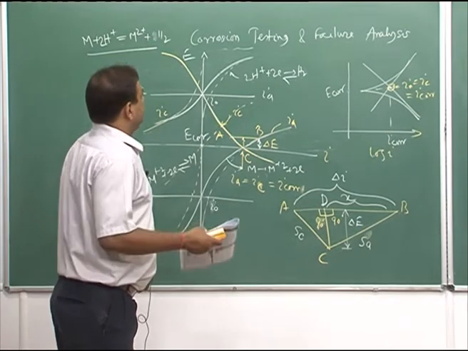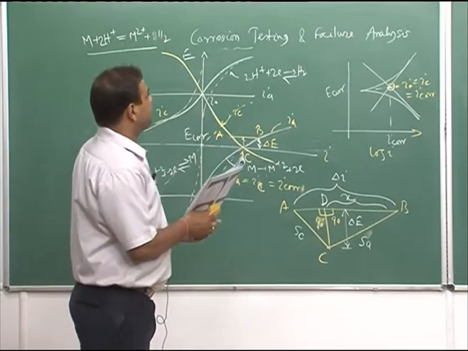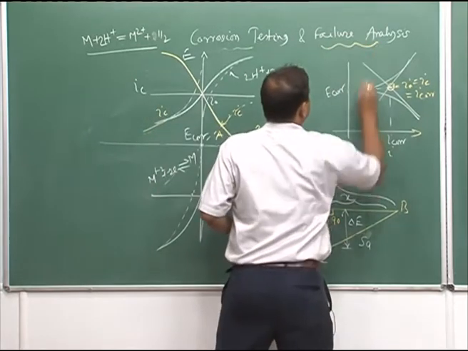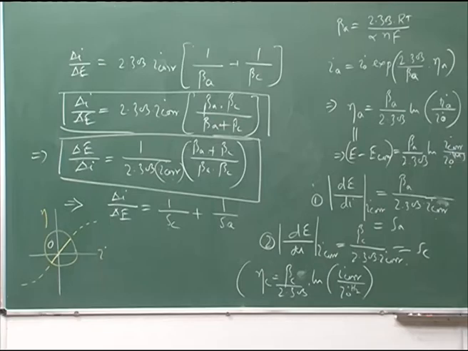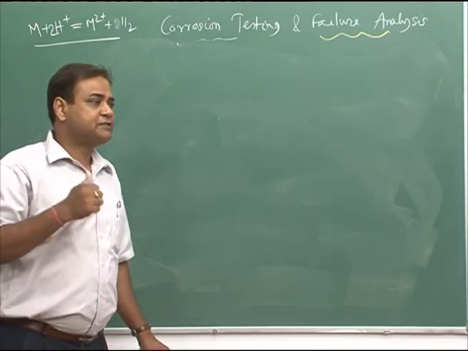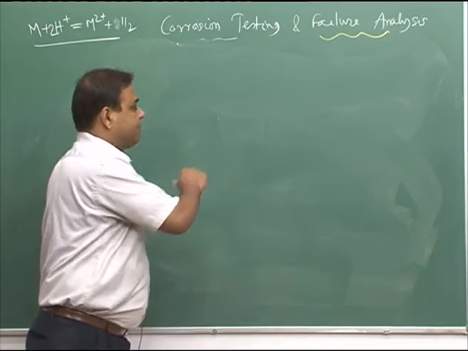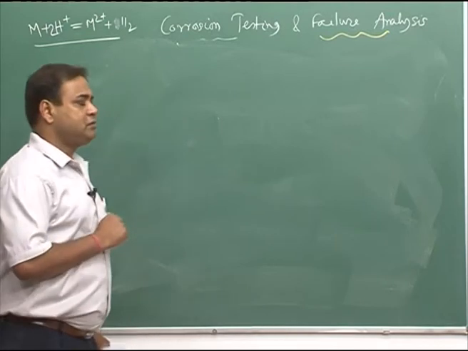Now, after this linear polarization, we can briefly discuss what is failure analysis. Now, this is basically the electrochemical route. So, we have discussed Tafel extrapolation and linear polarization.